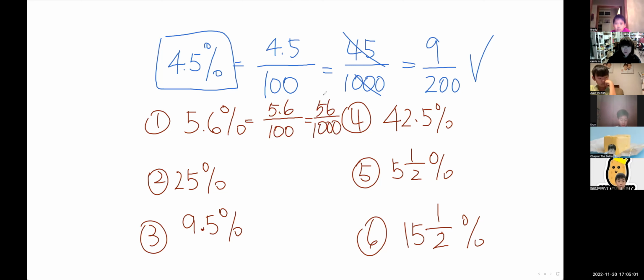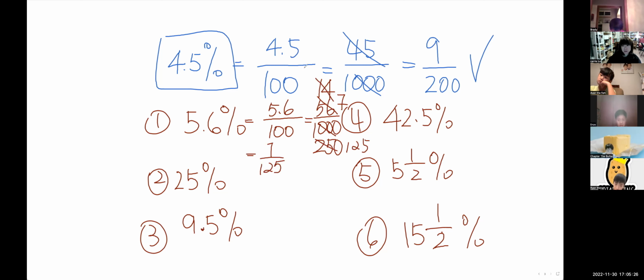Correct? Both of them are divisible by 4. This one equals 14, and this one equals 250. And again, it's divisible by 8. So it's 7 and 125. So the first question is 7 over 125.